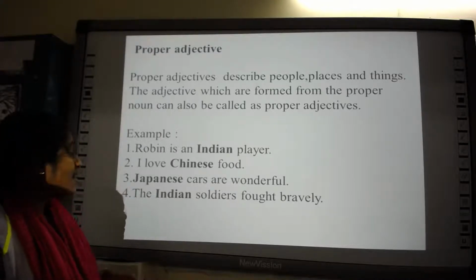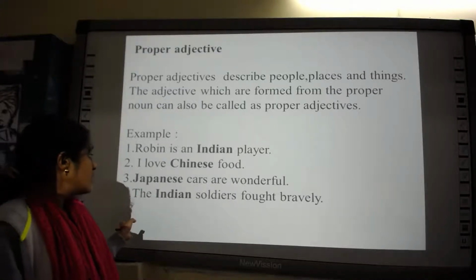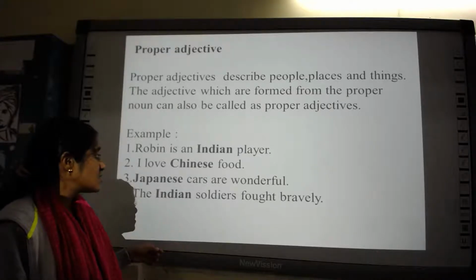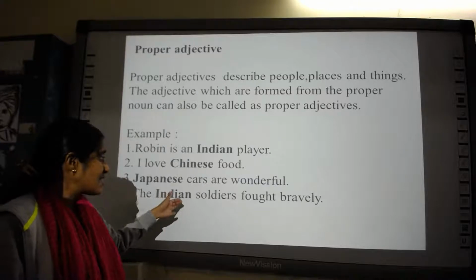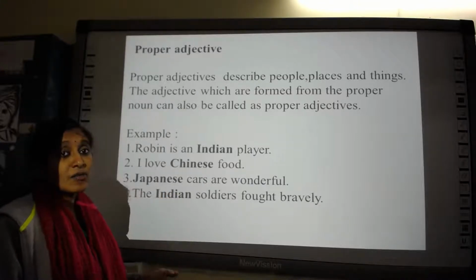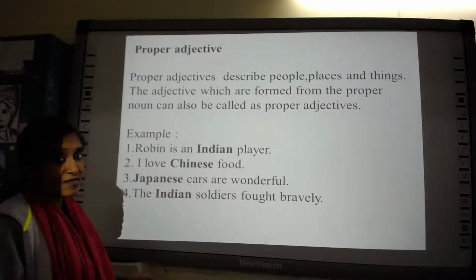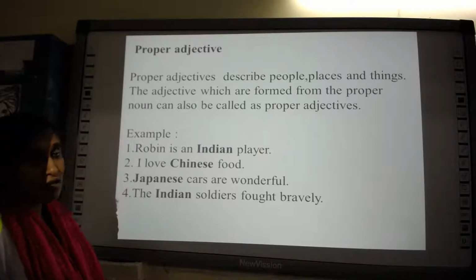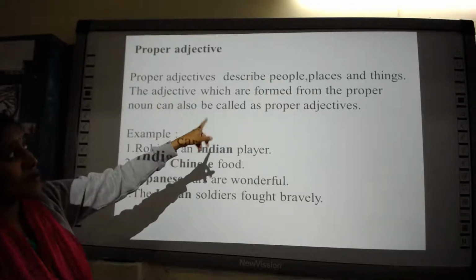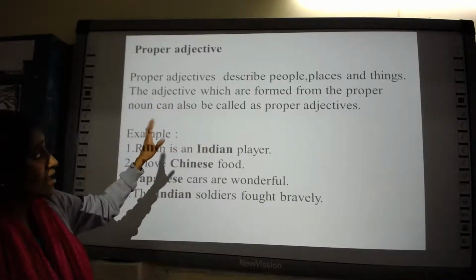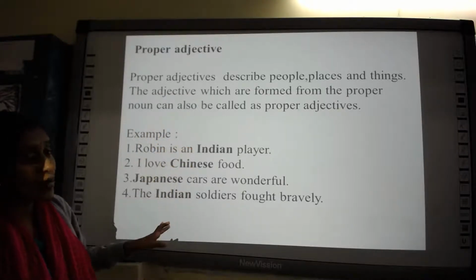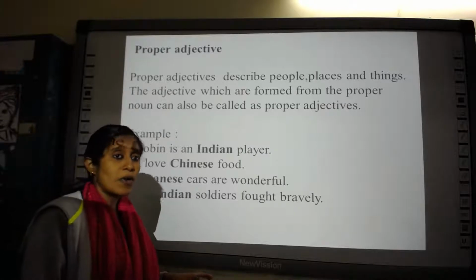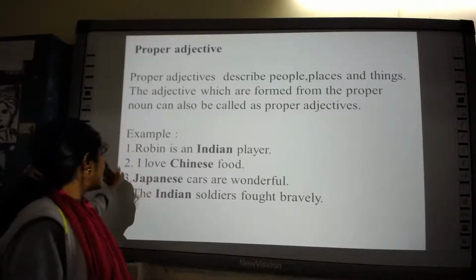The Indian soldiers fought bravely. So all these words represent the proper adjective. Clear? It describes people, places, and things. The adjectives which are formed from the proper noun are also called the proper adjective.